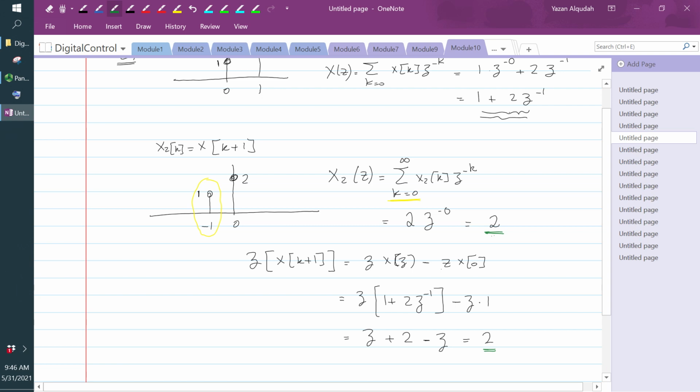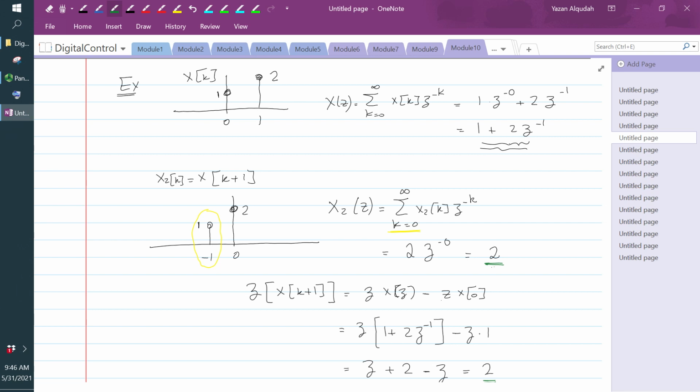Is this clear? So basically what we're saying is, if I shift the signal to the left, all the terms that are shifted before 0 are not going to be in the calculation of x of z.